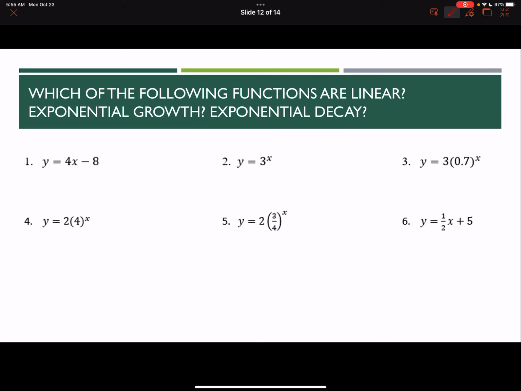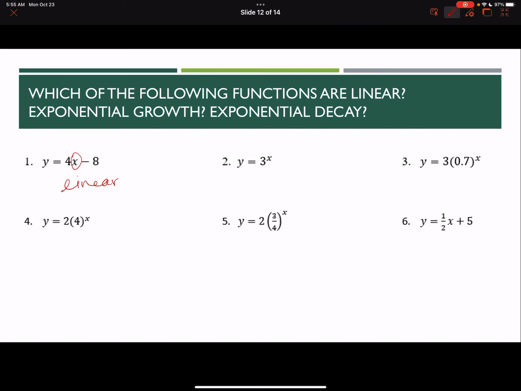Let's look at some equations. Let's identify these equations as linear, exponential growth, or exponential decay. So the key for exponential is that the x is an exponent. Looking at number 1, our x, that's what we're going to locate first. Our x is not an exponent, so this one's linear. And this is basically in the form y equals mx plus b.